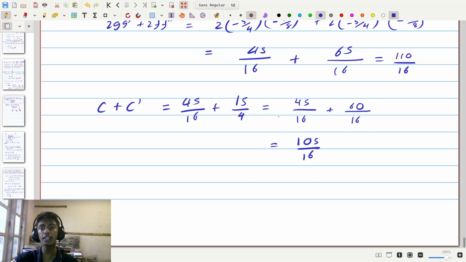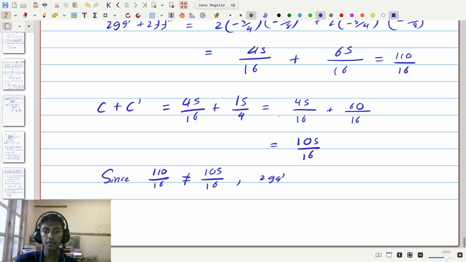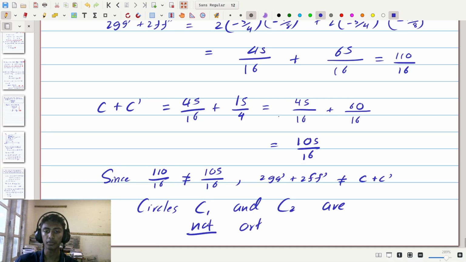Now clearly if you compare these two values, 110 over 16 is not equal to 105 over 16. It's almost equal, but it's not equal. So since 110 over 16 is not equal to 105 over 16, as in 2 times g prime plus 2 times f prime is not equal to c plus c prime, circles C1 and C2 are not orthogonal.